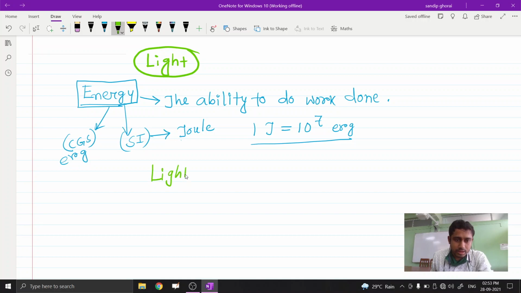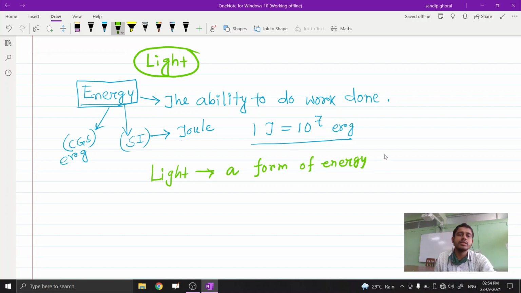Now, the question is, what is light? What is the definition of light? Light is a form of energy which causes the sensation of vision in our eye to see objects.